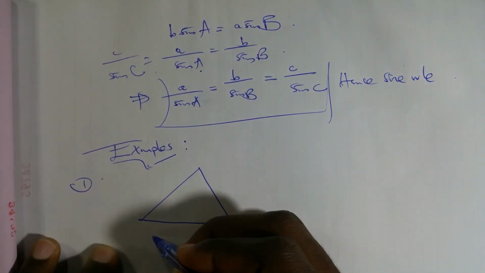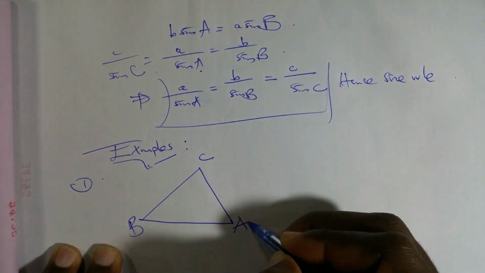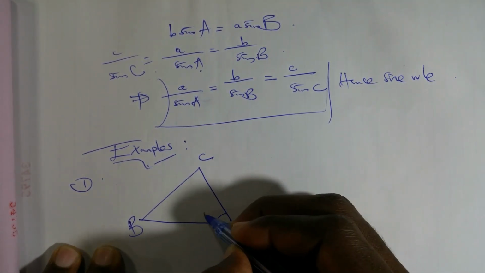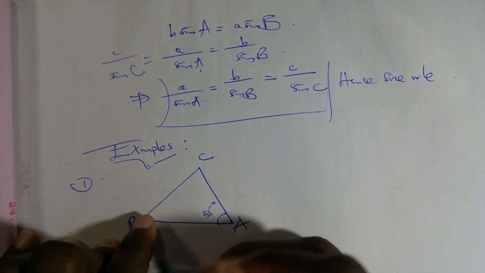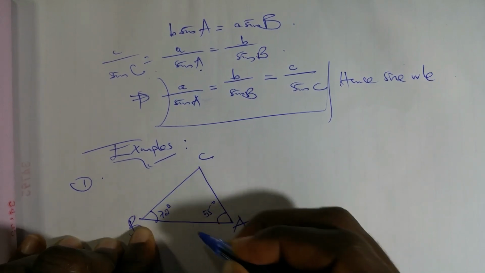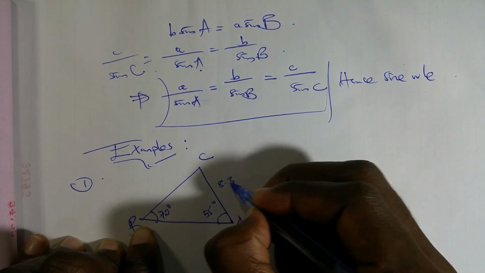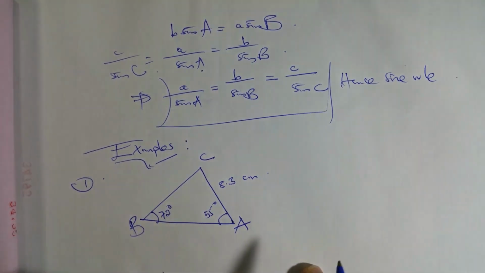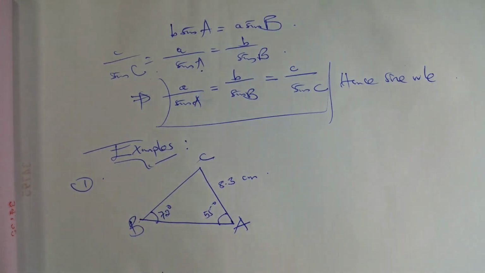Okay, let's say this is B, C, and this is A, and let me say this angle is 55 degrees. Then here let me say this is 72 degrees, and they've given this length to be 8.3 centimeters. They want you to find this side BC.